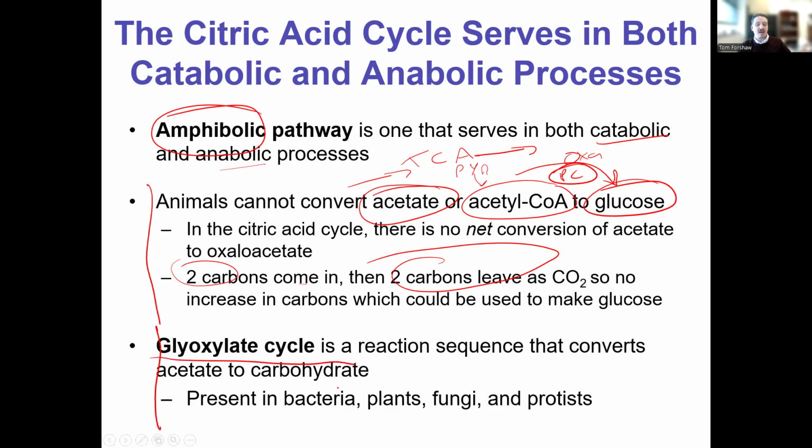The glyoxylate cycle is where you can turn acetate into carbohydrate, but we don't have it. Simpler life does. So we can't do the glyoxylate cycle to convert acetate into glucose. We can convert pyruvate into glucose, but not acetate into glucose. We don't have those enzymes. But overall, the TCA cycle is an amphibolic pathway.